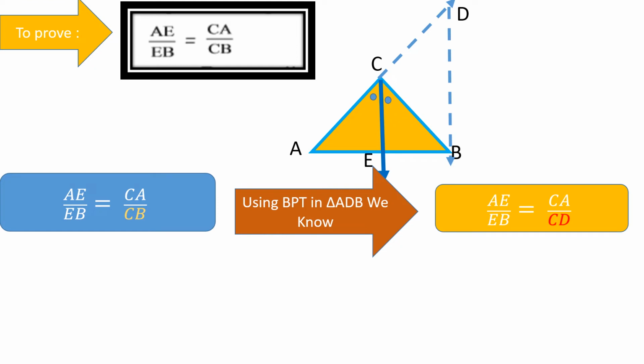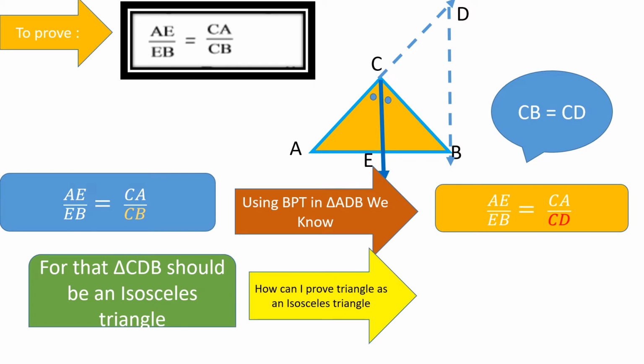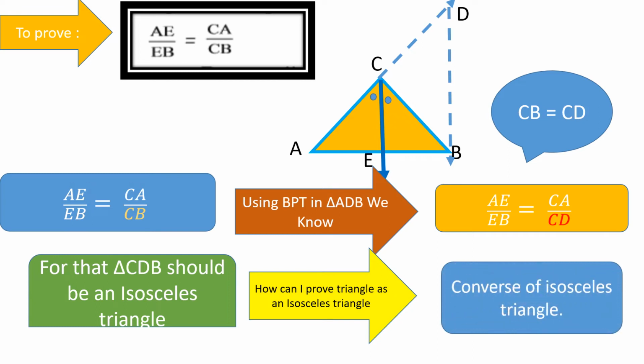So you have already said we should prove CB equals CD. For that, triangle CDB should be an isosceles triangle, and to prove a triangle is isosceles, we'll be using the converse of the isosceles triangle theorem.